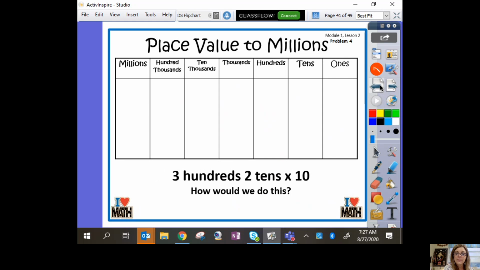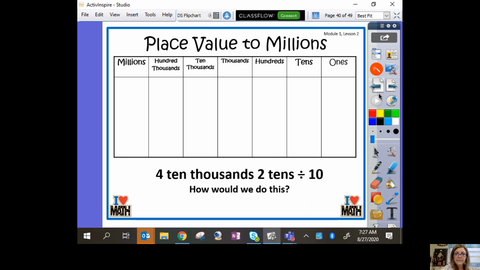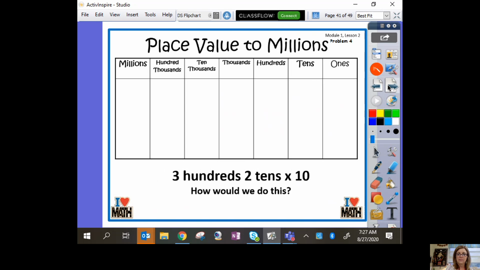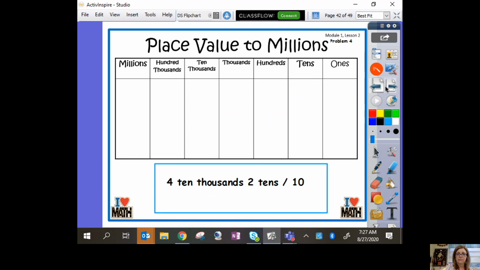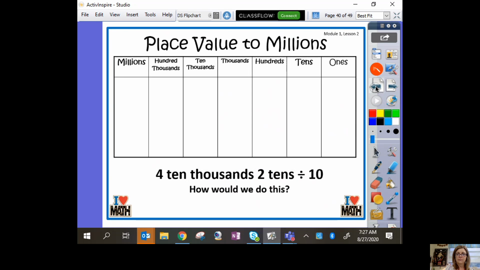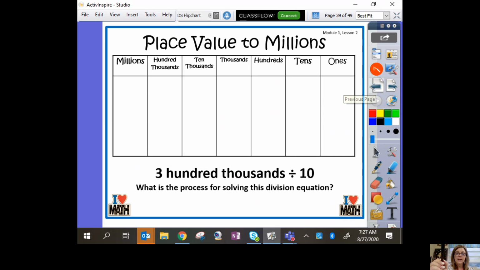All right, so let's start here with 300,000s divided by 10.